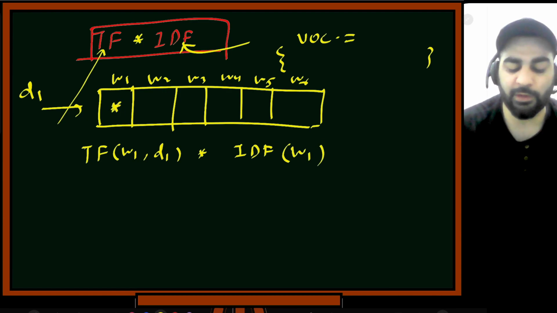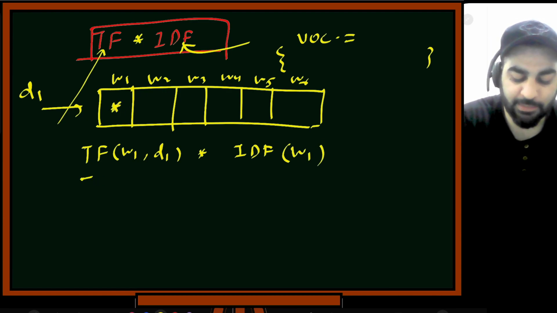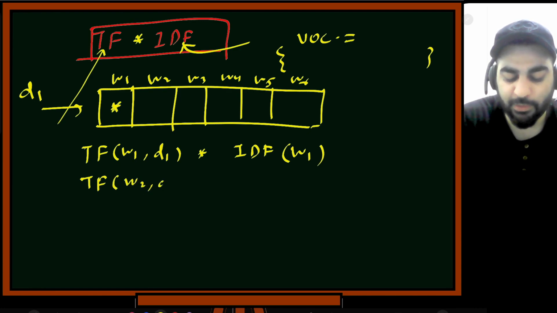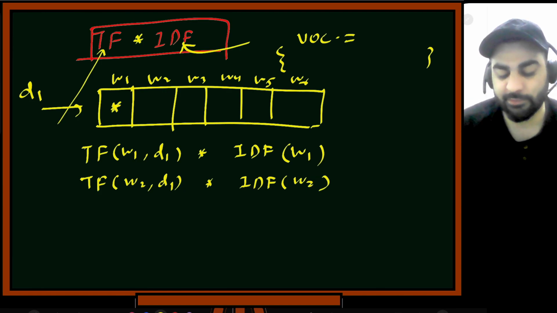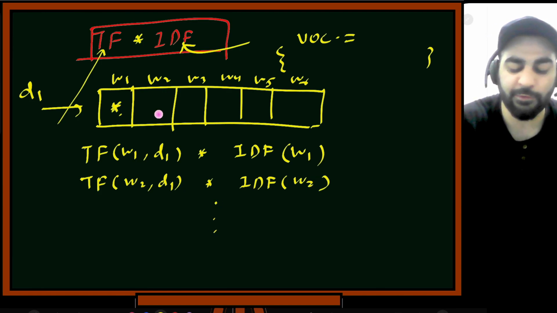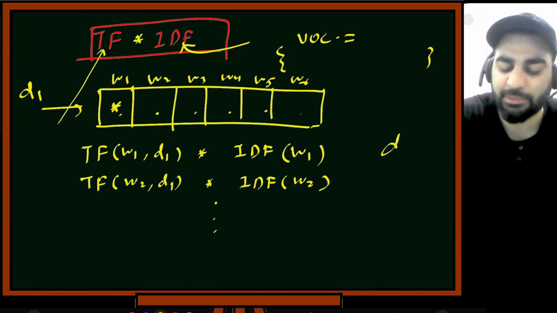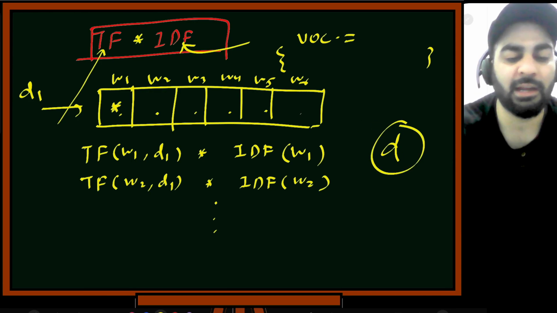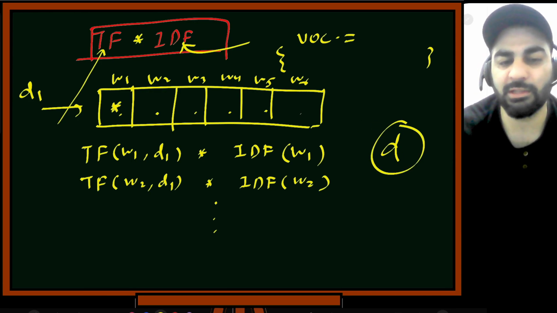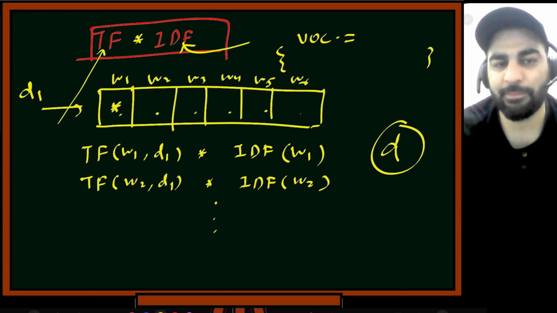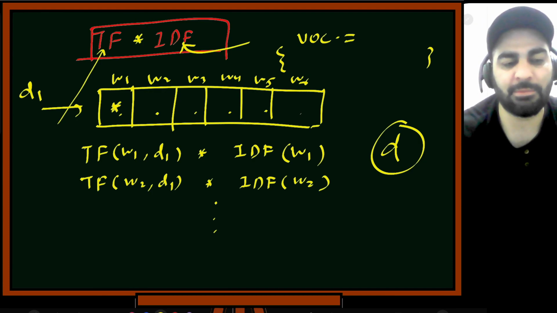That will be the entry over here. The second entry will be TF of W2 in document 1 multiplied by IDF of W2, and this will go on. This is how you fill this vector. Again, this will be a d-dimensional vector based on the vocabulary, where D is the number of words in the vocabulary. Is it clear? Tell me if it is clear.